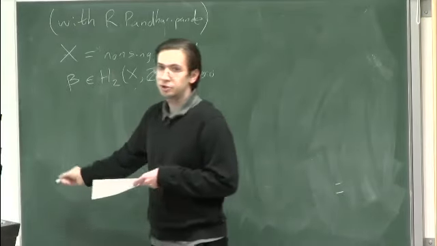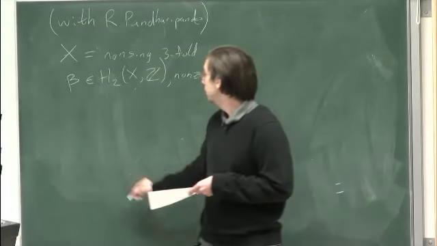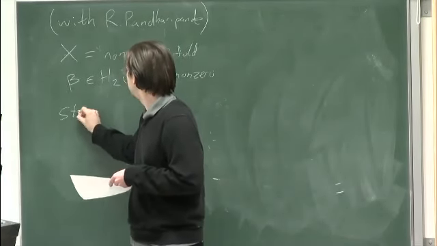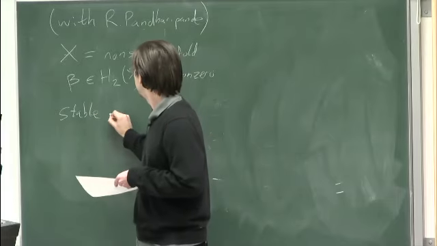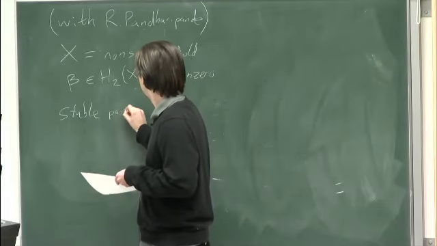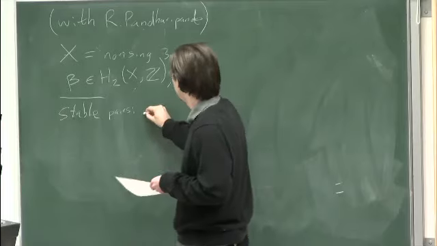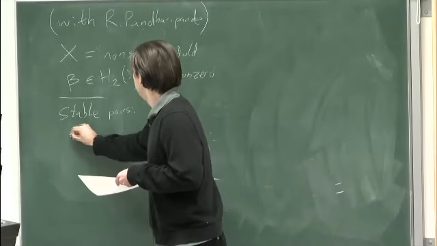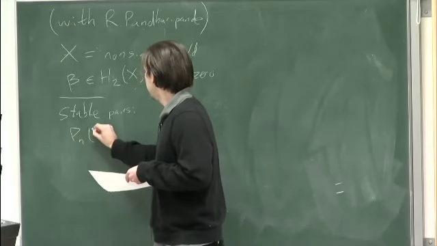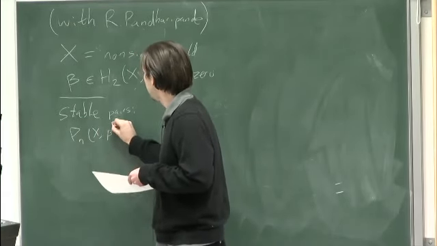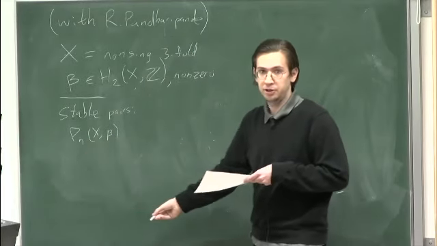And then the moduli space of stable pairs. This is denoted P_n(X, beta). And here n is some additional integer parameter.